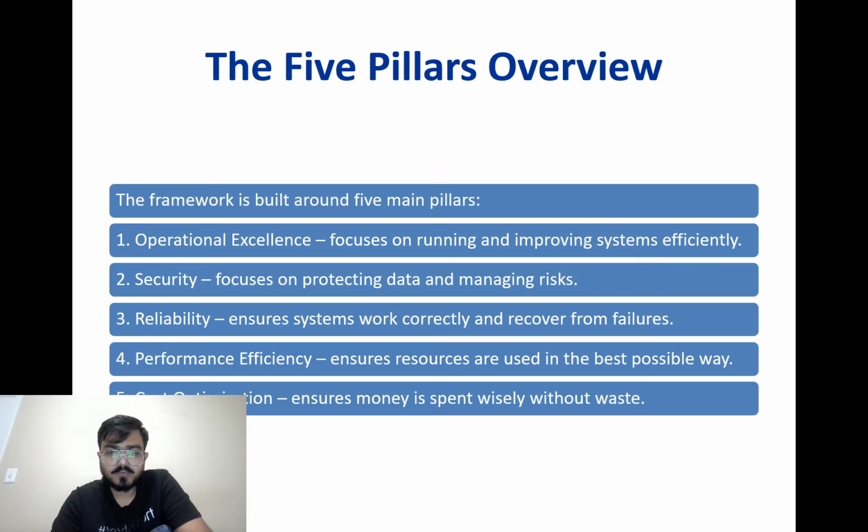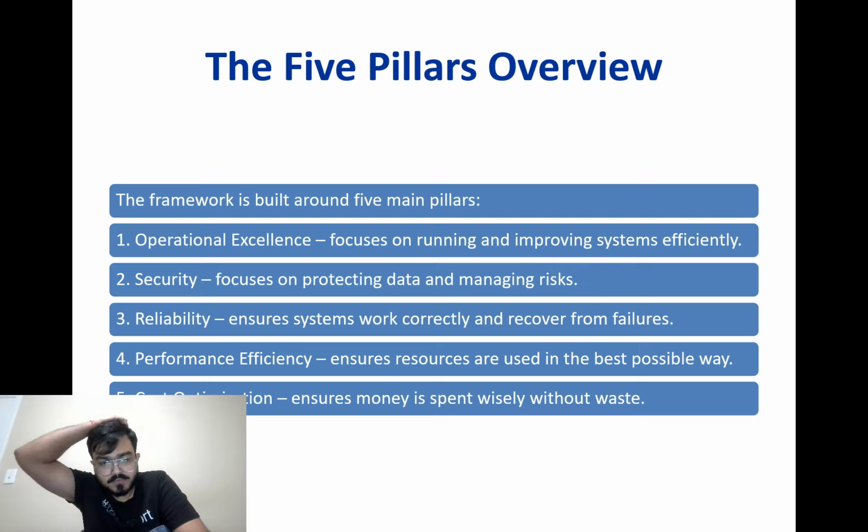Let's see the five pillars overview. The framework is built around five main pillars that work together to make a strong cloud system. The five pillars are: first one, operational excellence, running and improving systems efficiently. Second one, security, protecting systems and data from threats. Third, reliability, ensuring systems recover from failure and stay available.